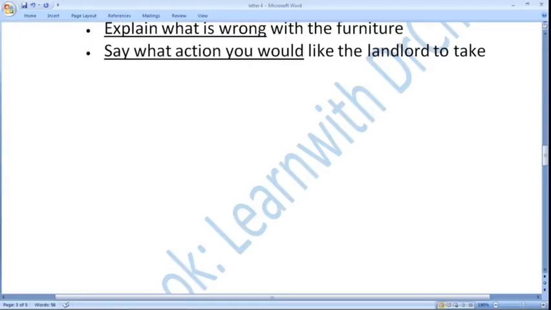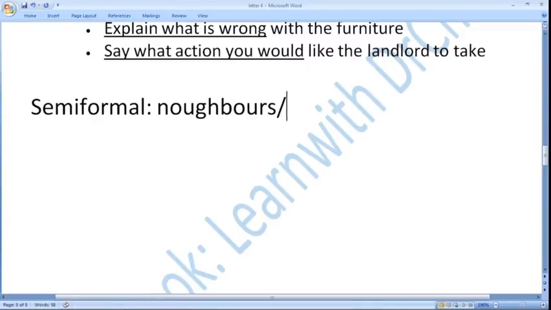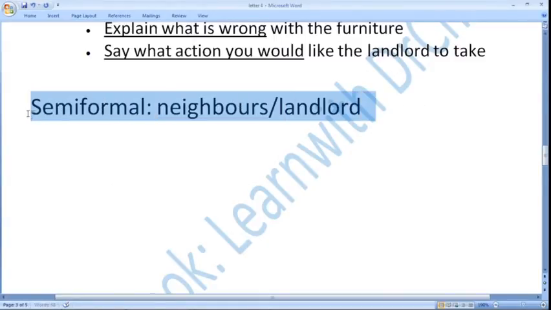You know him well, but he is not your friend, so it would be semi-formal. When you write a letter to your neighbors or landlord, these letters would be semi-formal letters.